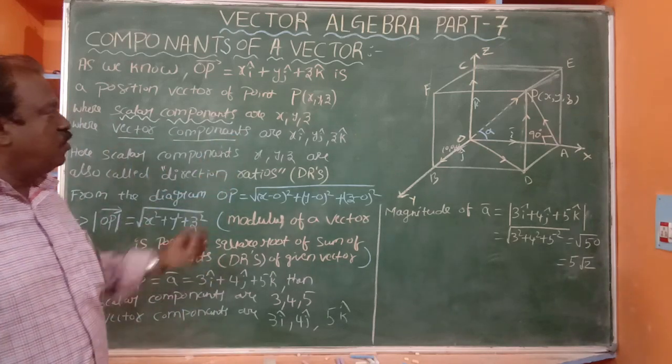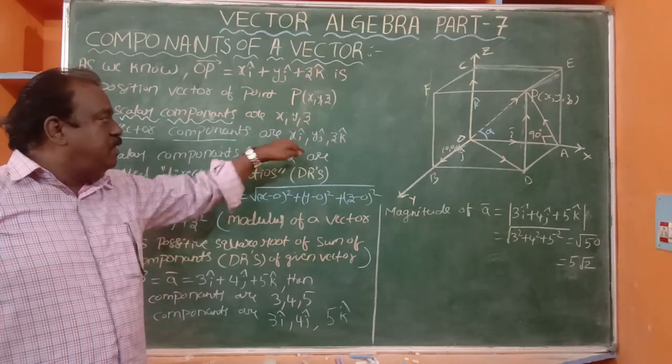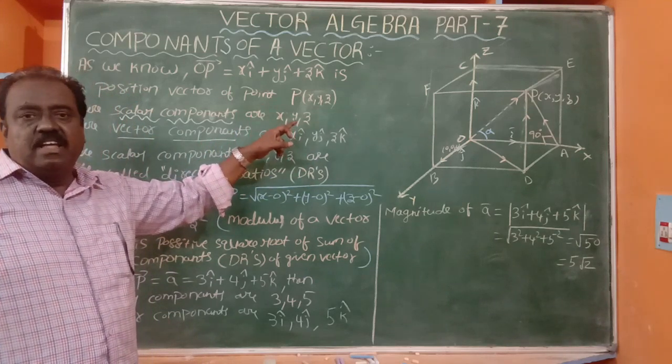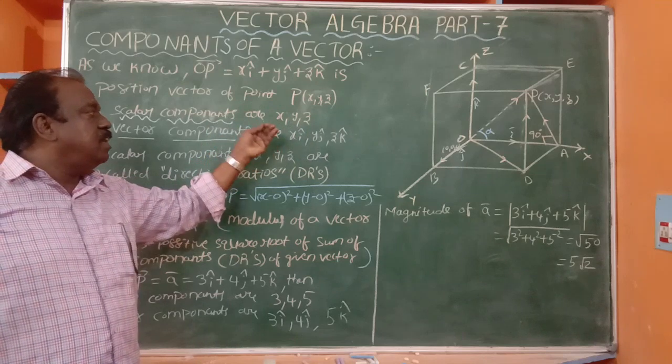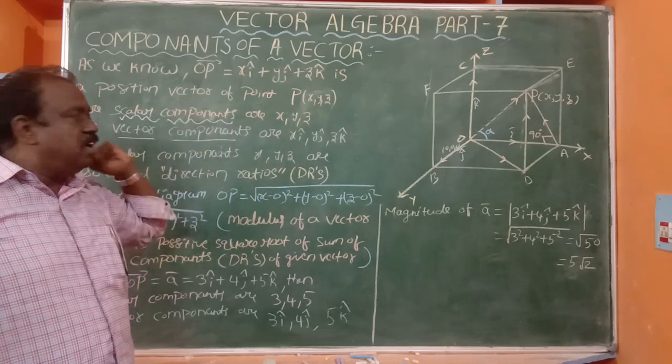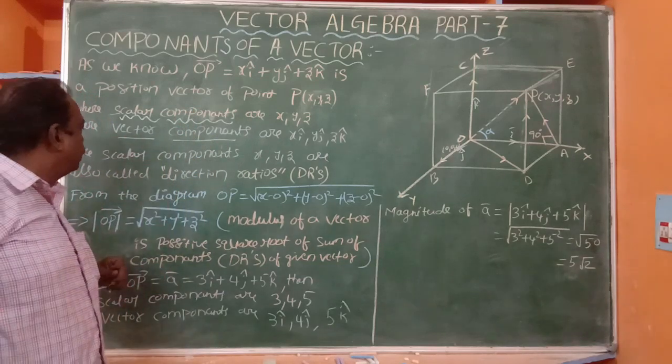Vector components means x i cap, y j cap, z k cap. Simply x, y, z are scalars. If I add the unit vectors i cap, j cap, k cap, then they become the vector components.